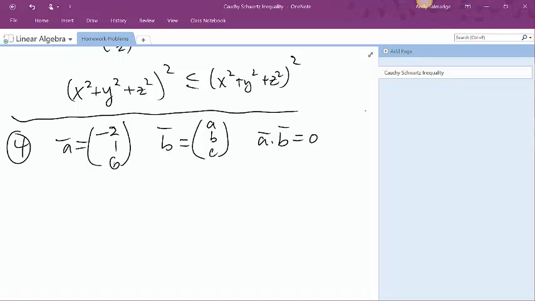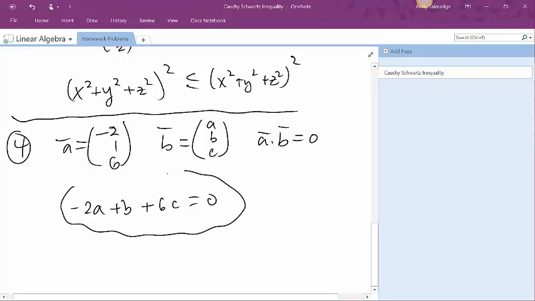So if we simply write out the definition A dot B equals 0, we get -2a plus b plus 6c equals 0. And so we can see that there's an entire plane of vectors that satisfy this dot product equals 0, or that they are perpendicular to vector A.